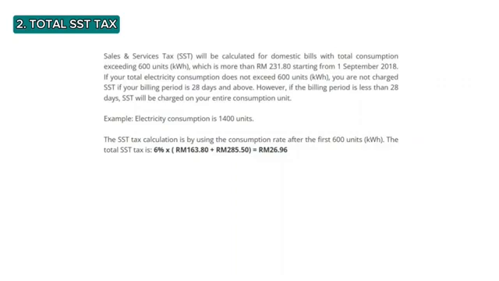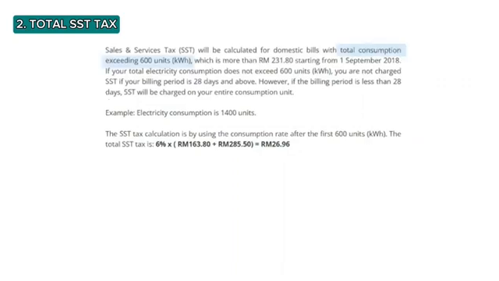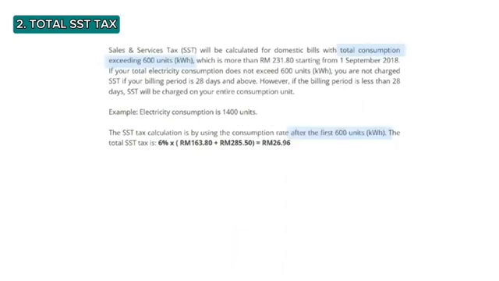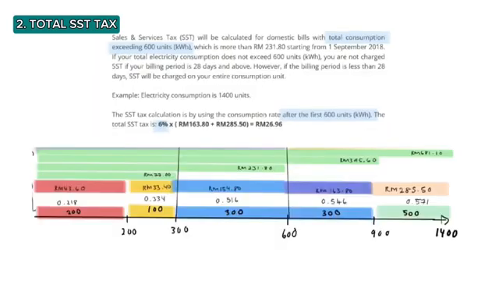SST tax will be calculated if total consumption exceeds 600 units. Therefore, SST tax will be multiplied with the bill after the first 600 units with 6%. Now let's assume the units used is 900.